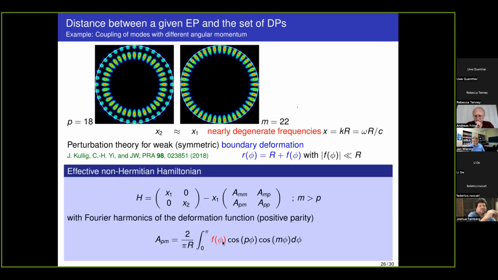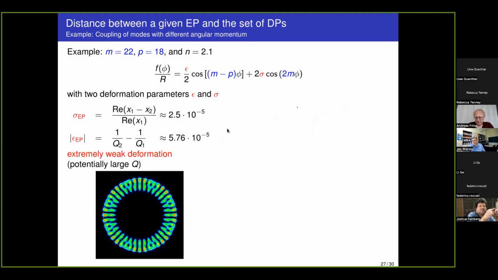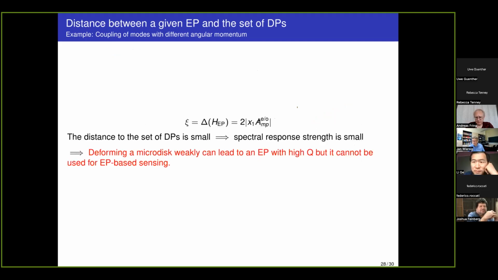Sure, yeah. These values enter here as these coefficients, these Fourier harmonics. They're about 10 to the power of minus 5. So really small numbers. Of course, you have to compare with what, but in principle, you have really small numbers here. So that means that these perturbations, these response strengths, are also small.